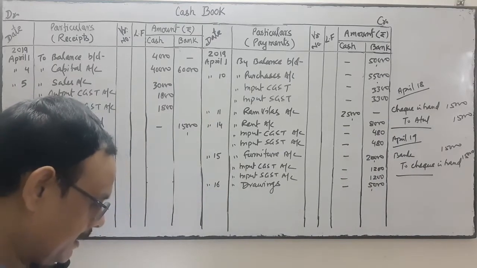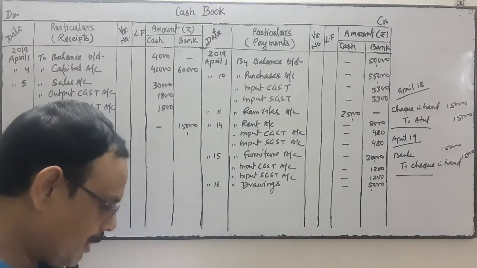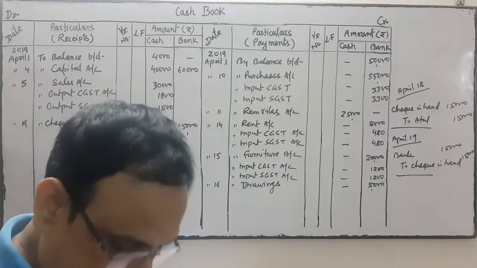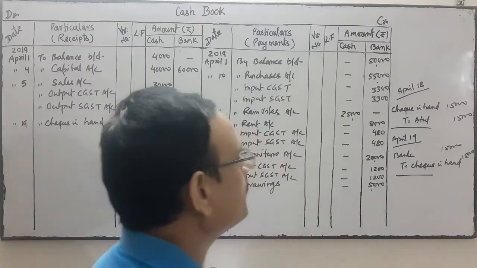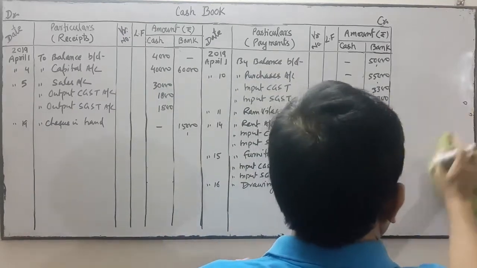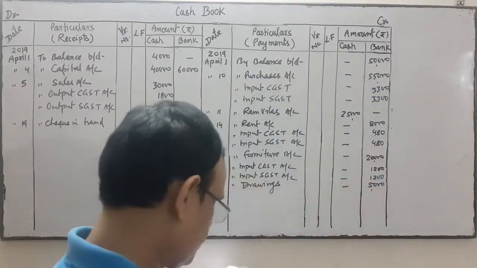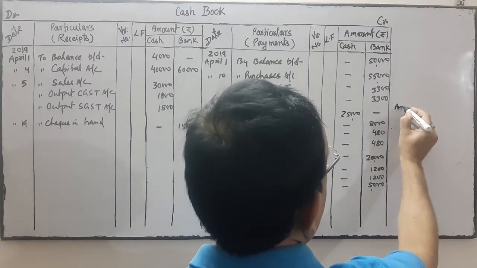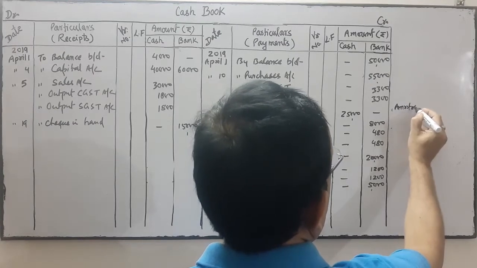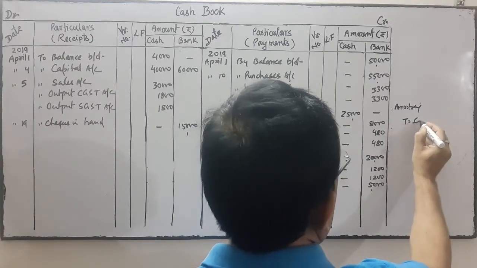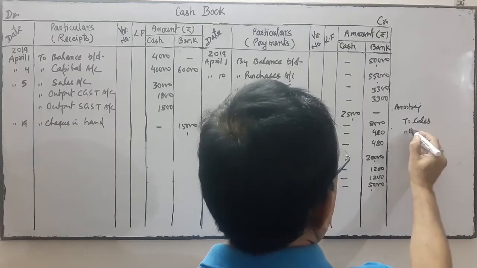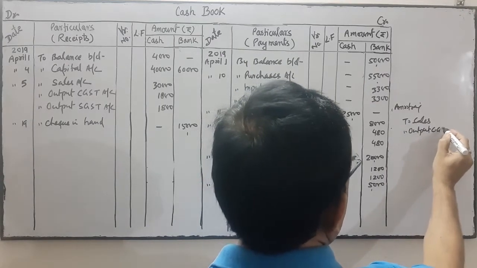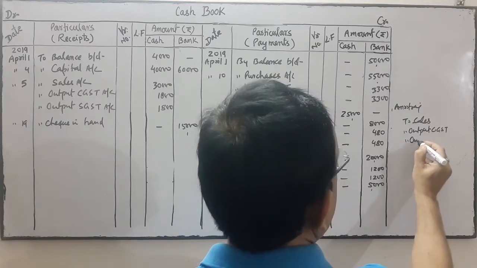Next is goods sold to Amrit Raj for rupees 80,000 plus CGST and SGST. It means it's a credit sale. Amrit Raj account debit to sales account, to output CGST, to output SGST.